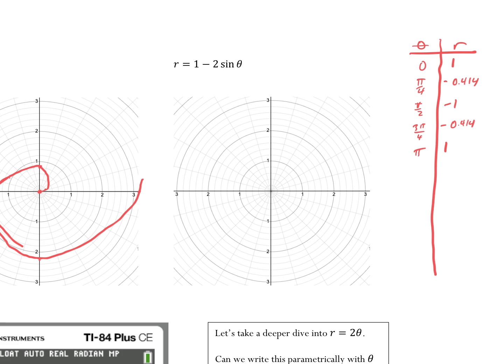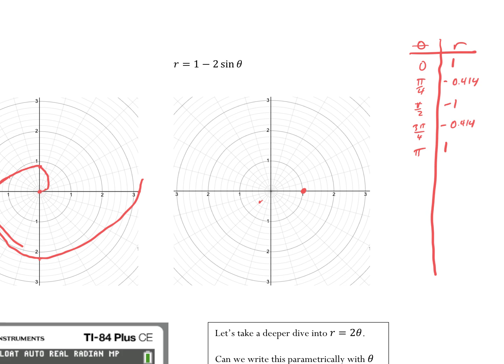All right, so let's see. 0, 1. You guys, pi over 4 negative 0.414 would be here. Everybody good?